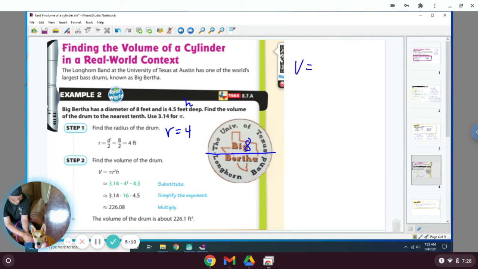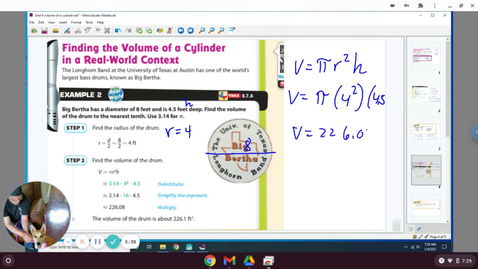The volume formula will be V equals pi radius squared times height. Pi is just 3.14. The radius is 4 squared. And then the height, as I said, is 4.5. So you're going to do 3.14 times 4 squared, which is 16, times 4.5, which is the height of the drum, is equal to 226.08 feet cubed.